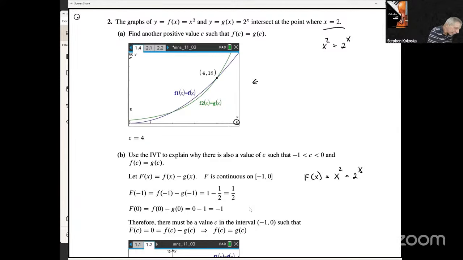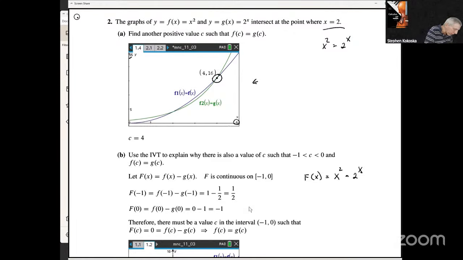I could see that these two graphs intersect around this point, and I used the built-in function intersect to find that value, and indeed they do intersect at the point (4, 16). On further inspection of the equation x squared equal 2 to the x, yeah, 4 works, right? 4 squared is 16, and 2 to the 4th is 16. So we've got 2 points here.